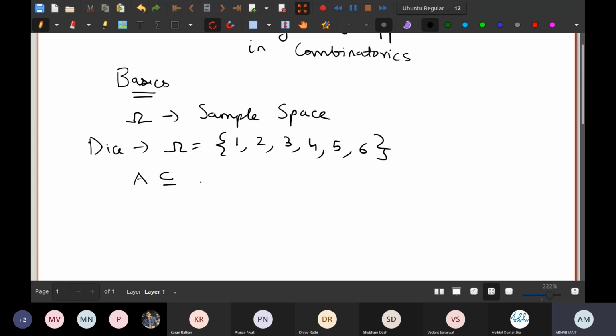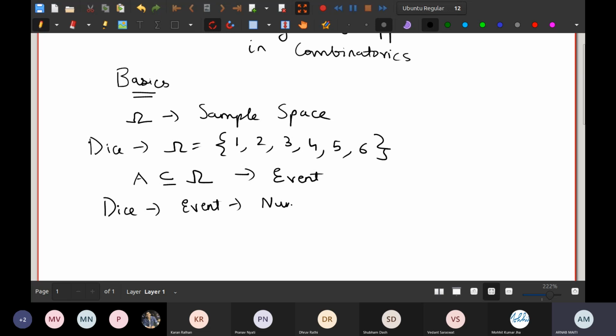Any subset of this sample space is called an event. So in terms of dice, an event can be the number is odd. So here A will be equal to 1, 3, and 5. So this is an event.